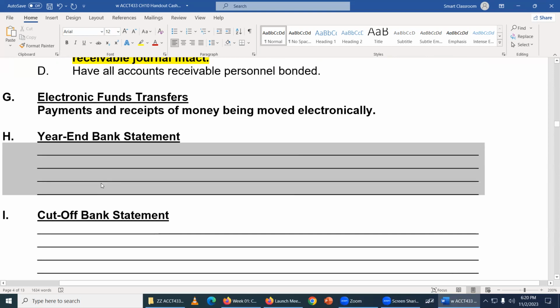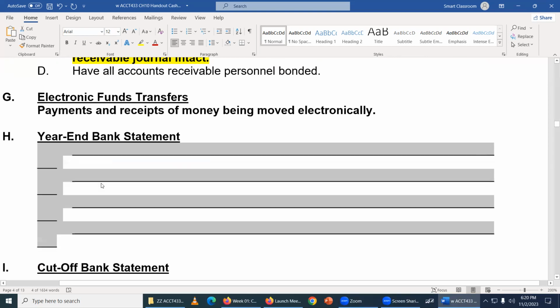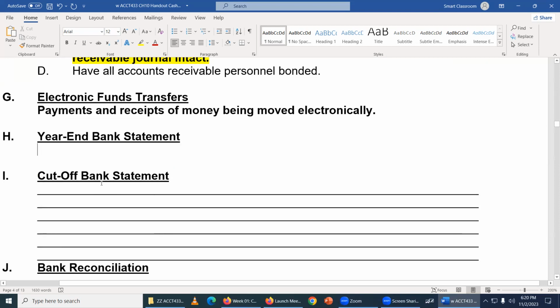Okay, year-end bank statement. This is usually just a regular old bank statement. However, for auditing, the year-end bank statement is sent directly to the auditors.